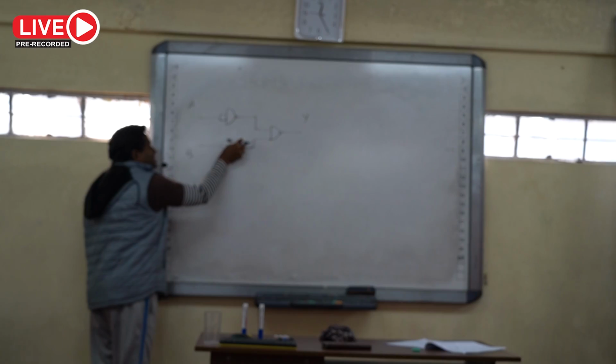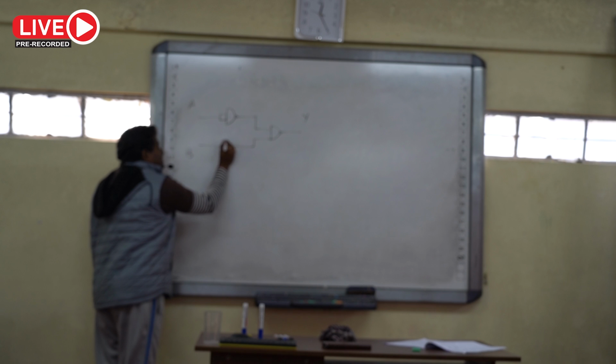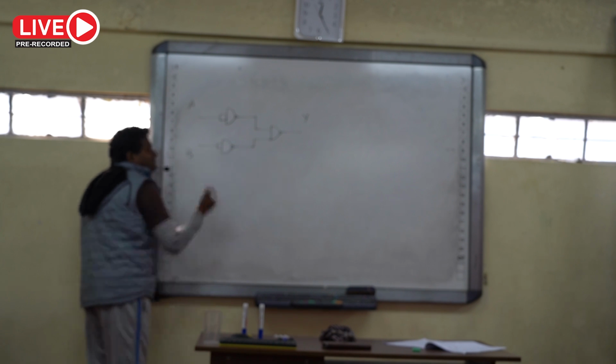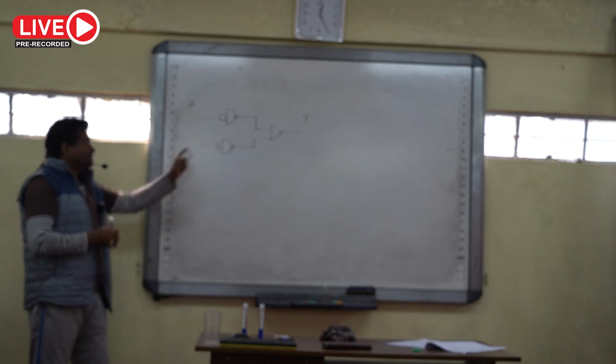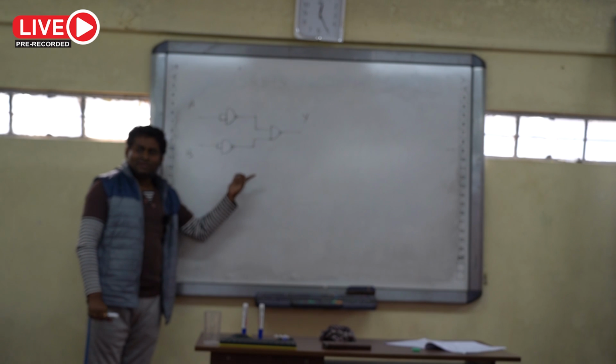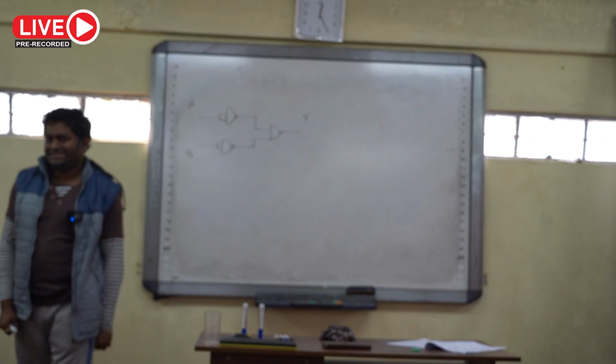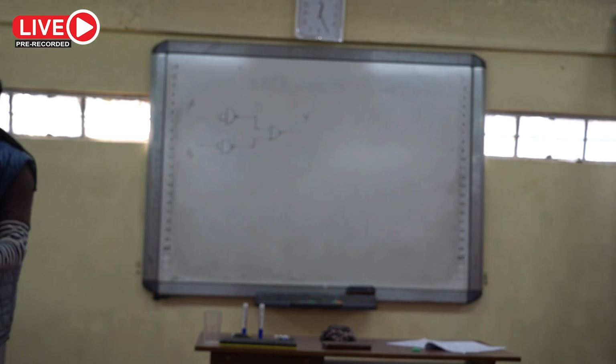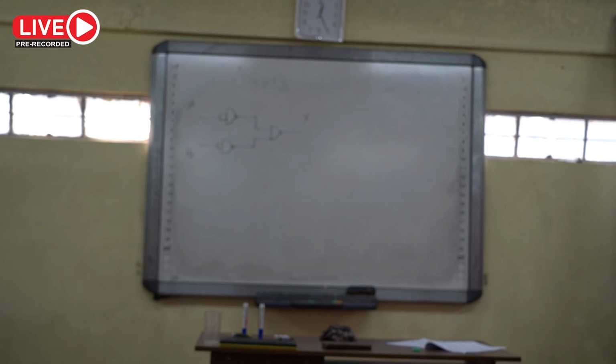Similarly, I can convert this one into another NAND gate. Three NAND gates are required to prepare an OR gate. NAND to OR, 3 NAND gates are required. And NAND to AND, 2 NAND gates are required.